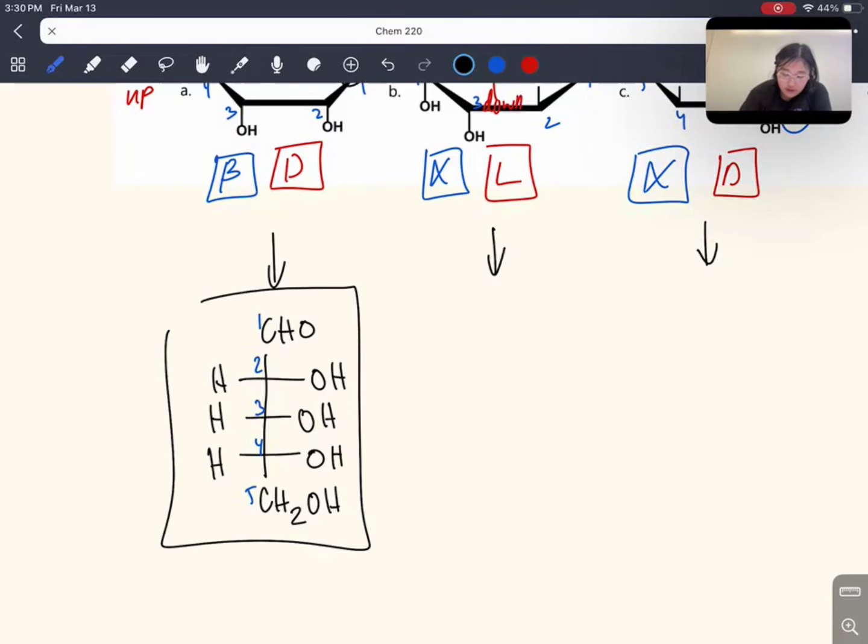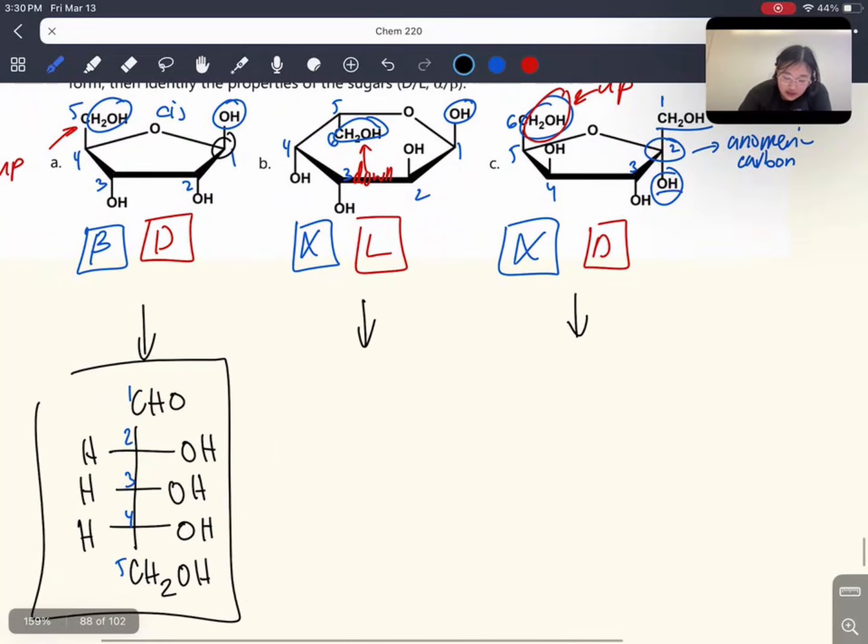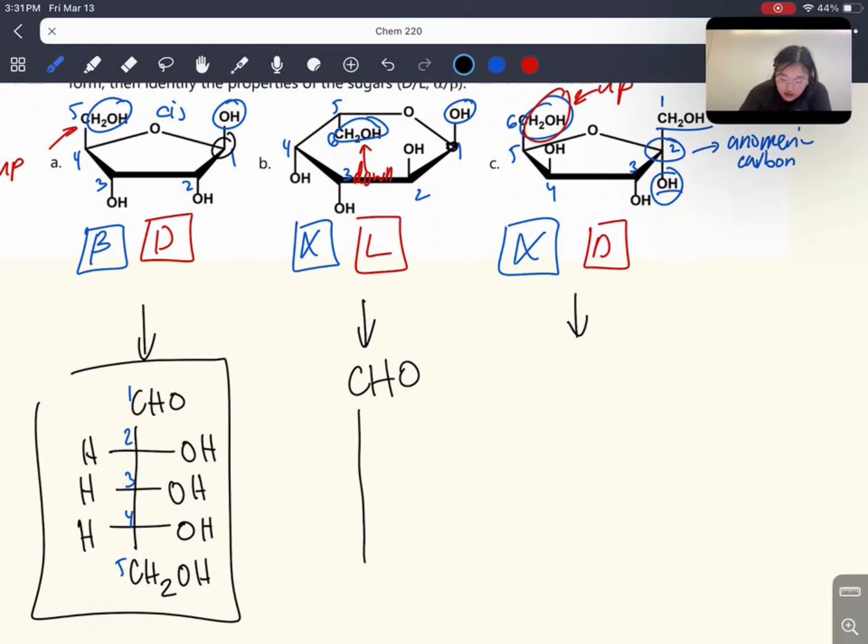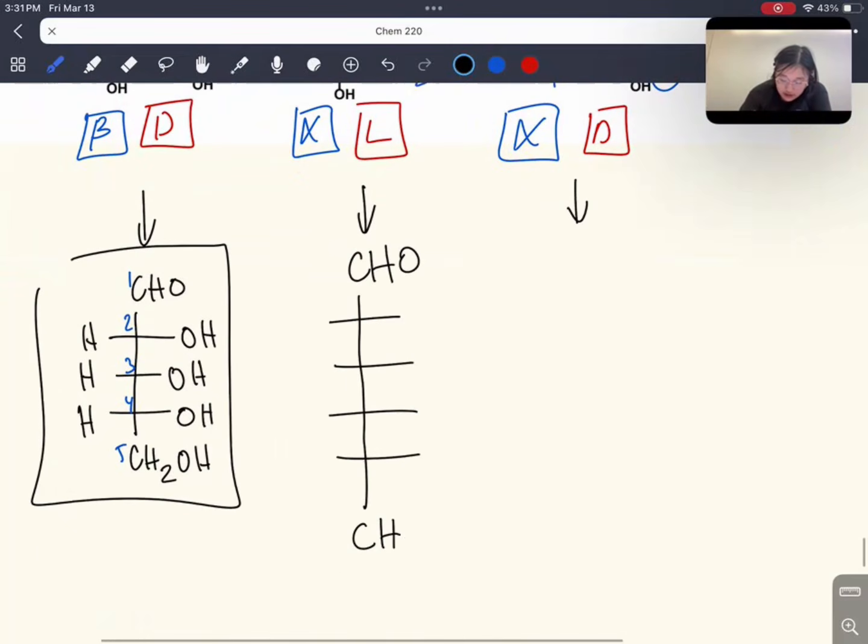The second molecule, we have 1, 2, 3, 4, 5, 6 carbons. Since our anomeric carbon is bonded to only an OH instead of an OH and a CH2OH group, that means we have an aldose and it's 6 carbons long. So that's carbon 1, and then 2, 3, 4, 5, and then 6 would be our CH2OH at the bottom. So I'm going to number those.